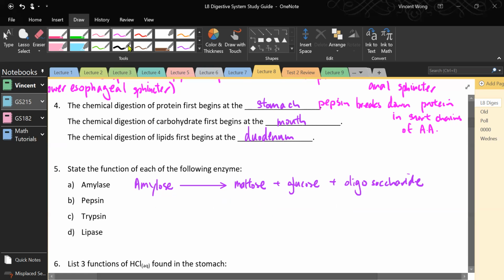That is the amylase. Then we have the pepsin. Pepsin is going to take your protein and you're going to get short strands of amino acids, plus maybe individual amino acids.